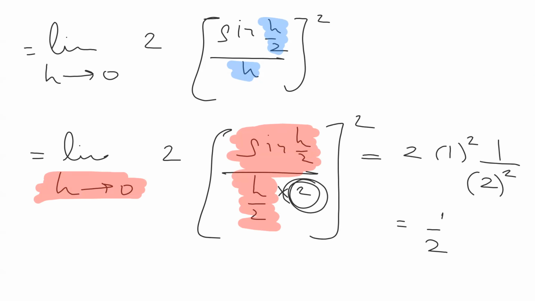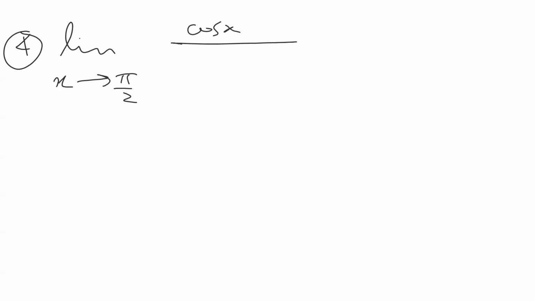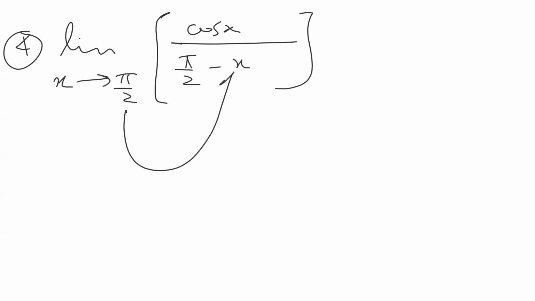We will proceed ahead. Question number 4: limit x approaching pi by 2 of cos x upon pi by 2 minus x in the denominator. If we put pi by 2 over here, pi by 2 minus pi by 2 is 0, and anything upon 0 is not defined.